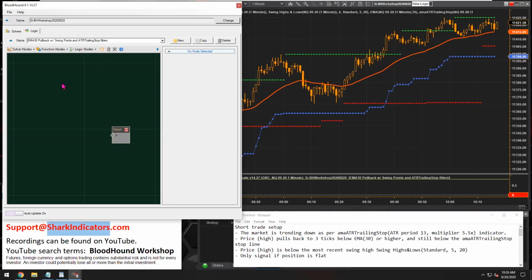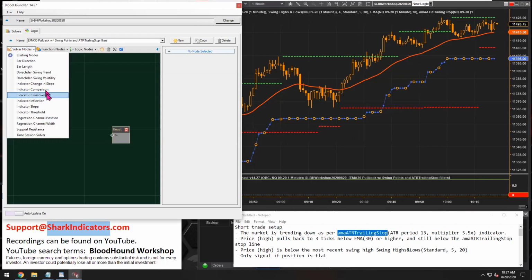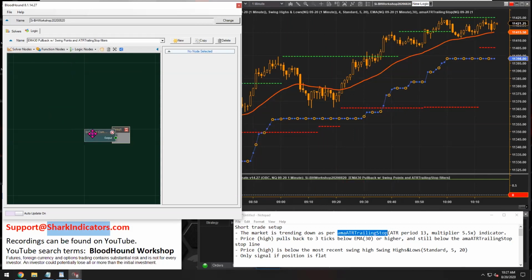All right, so let's start with some of the easy ones here. The first one's a pretty easy one: just looking at the trailing stop indicator, seeing what side of the market the trailing stop indicator is on. So to do that, we're going to do a comparison.